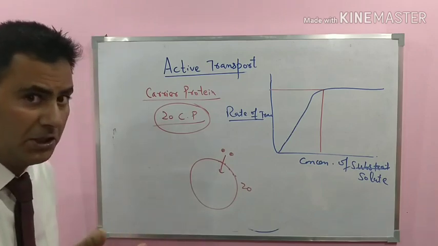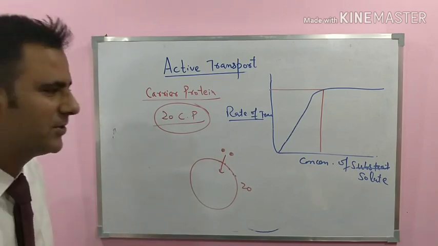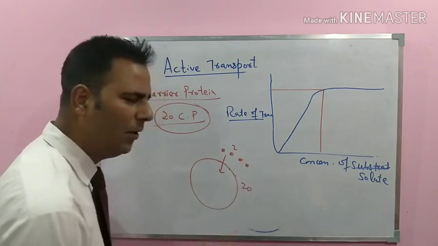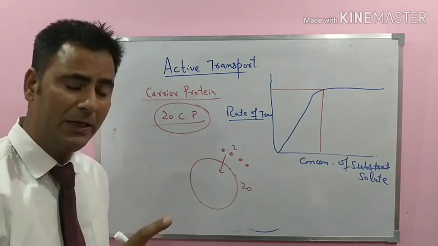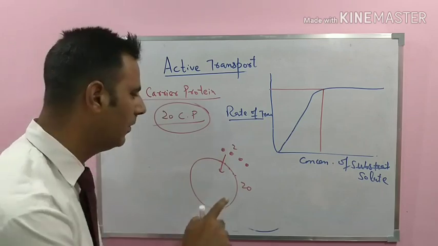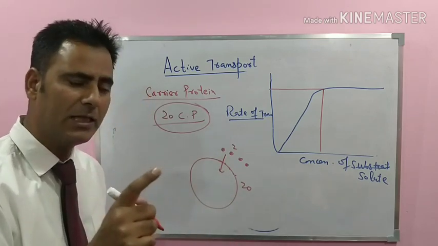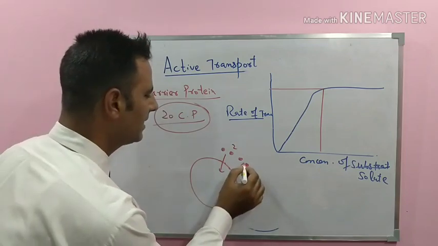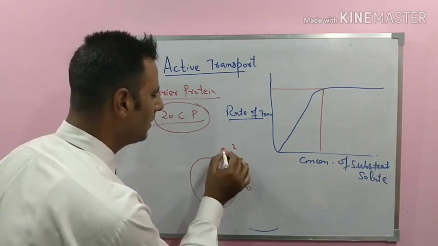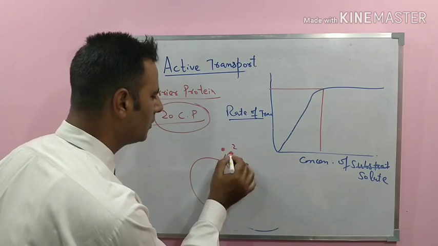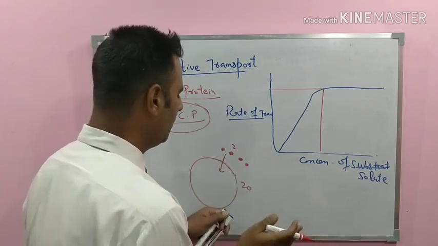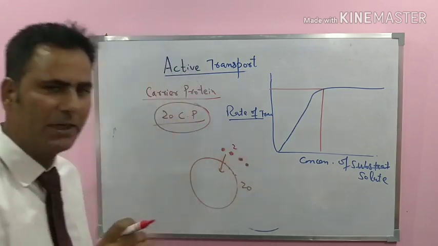Suppose I further increase the concentration of substrate, initially it was 2, now it is 4. How many carrier proteins are available? 20 carrier proteins. So we have only 4 substrate molecules, and we have 20 carrier proteins. We will take 4 carrier proteins. They will bind with the substrate and take it in instantaneously.